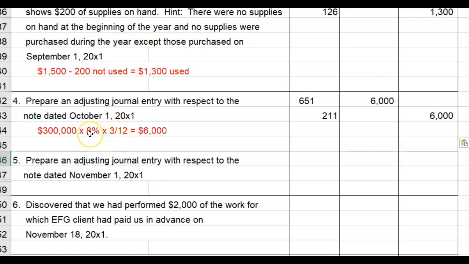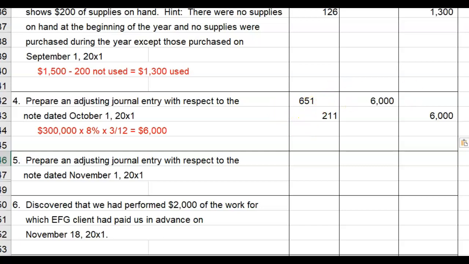That annual interest rate is 12 months worth of interest, and we're going to have only 3 months of using the bank's money between October 1st through December 31st. So $300,000 times 8% times 3/12 equals $6,000 of interest expense for the year ended 20X1.